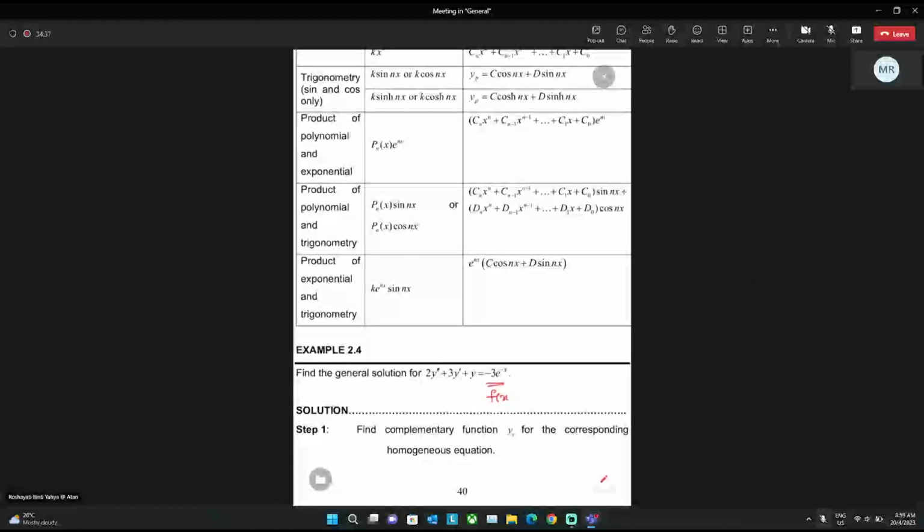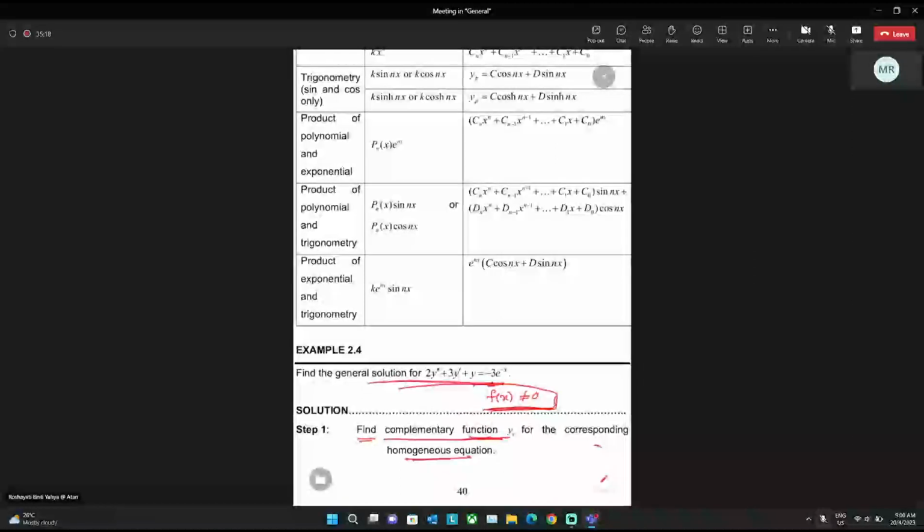We know that this f(x) is not equal to 0 because this is the non-homogeneous case. Under the undetermined coefficient technique, the first step to solve the non-homogeneous equation is to find yc, the complementary function.